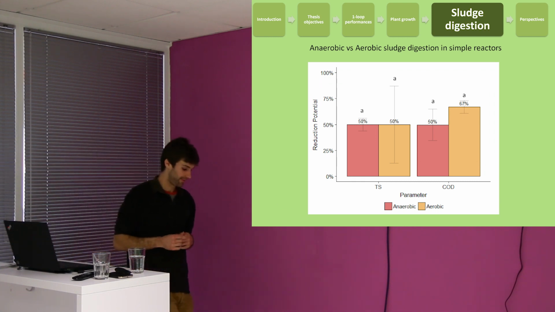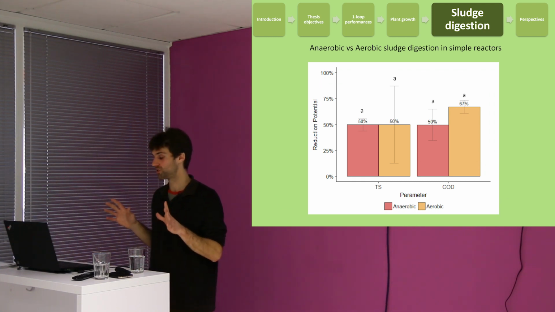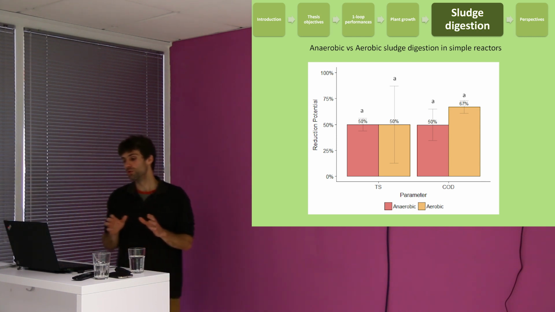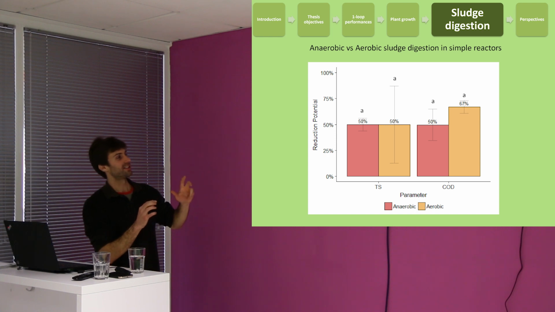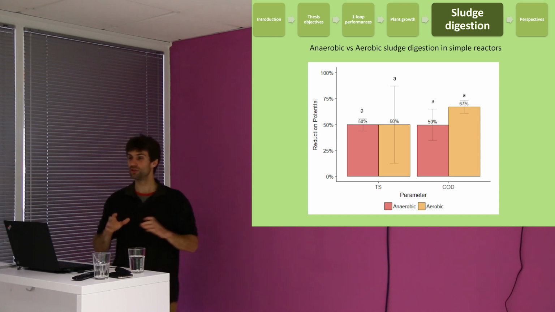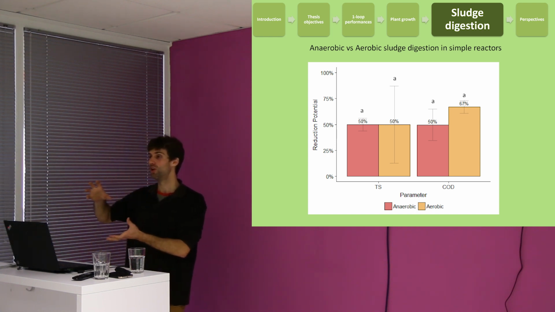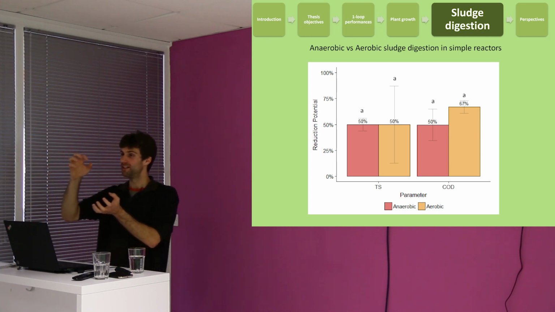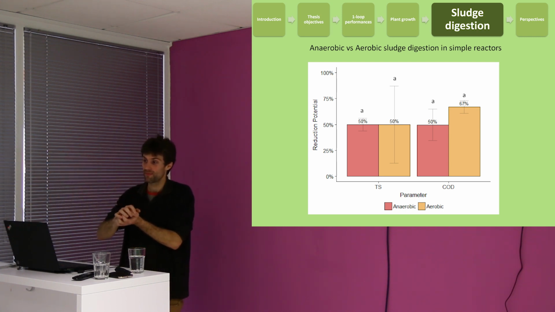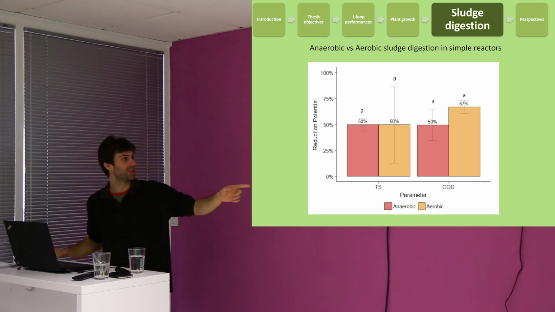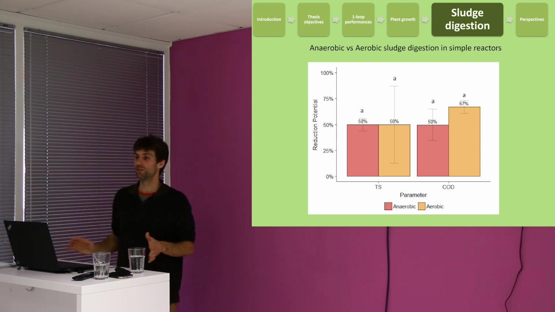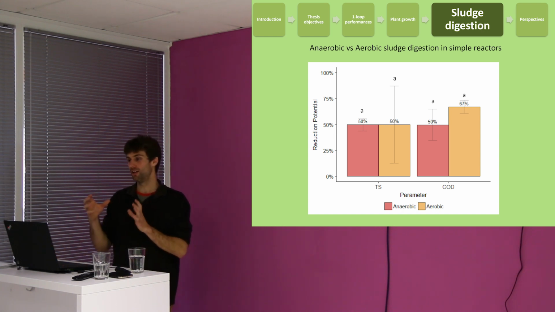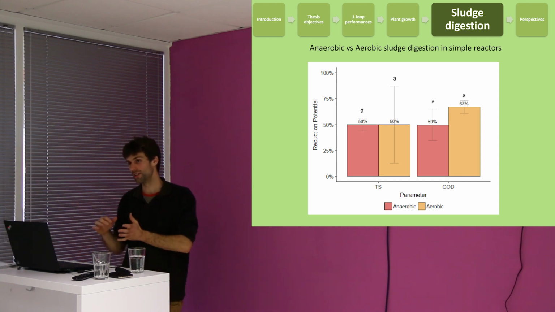There are 2 things in sludge reduction. We can look at what we call the reduction potential, so really the amount of solids that will be disappearing. This is what we call TS, total solids, and the COD, the chemical oxygen demand, so how this oxygen demand will be reduced.